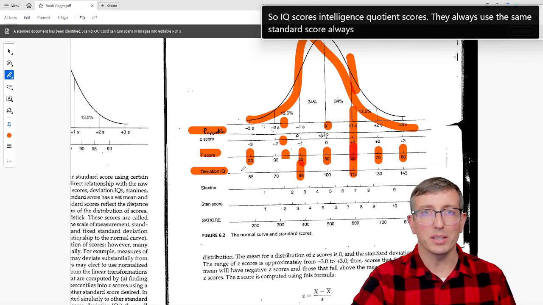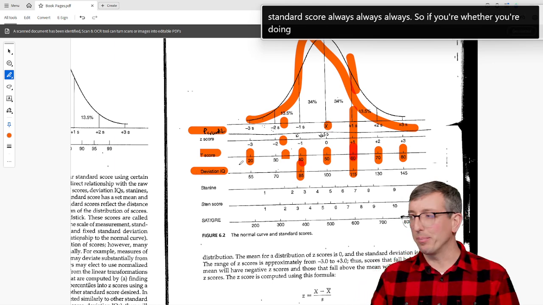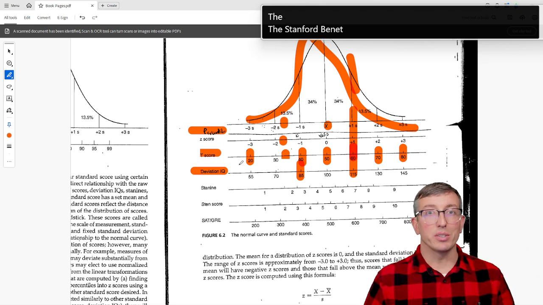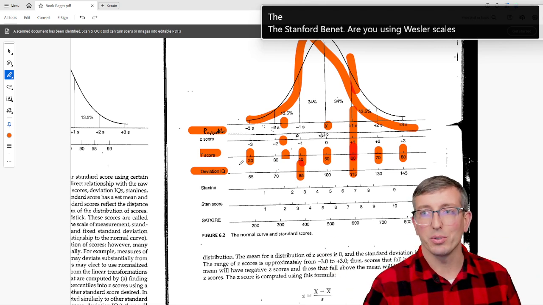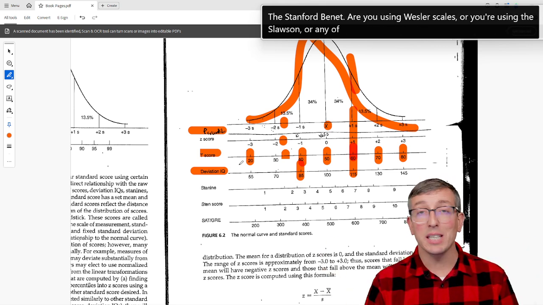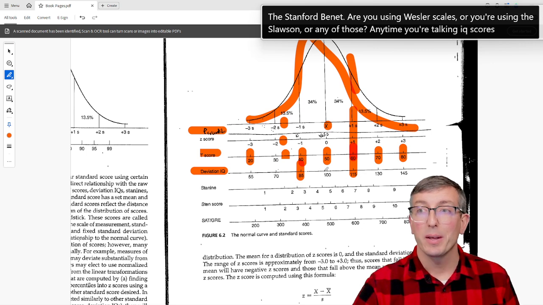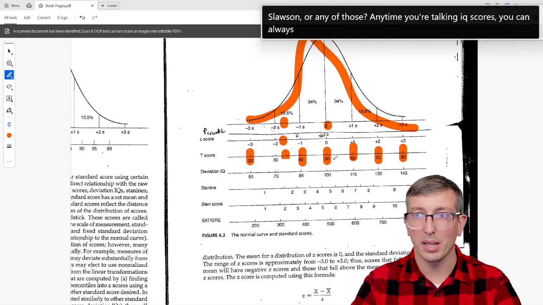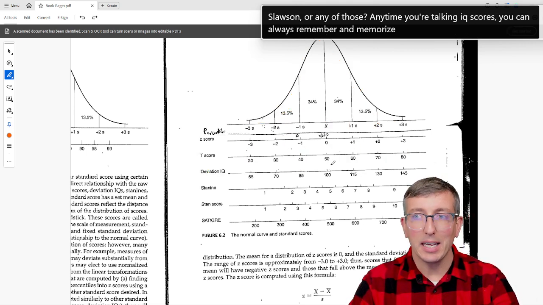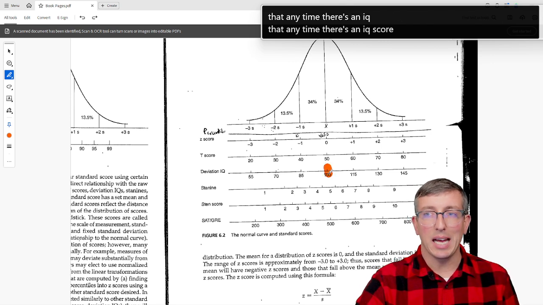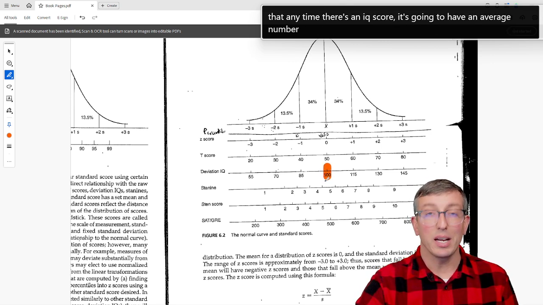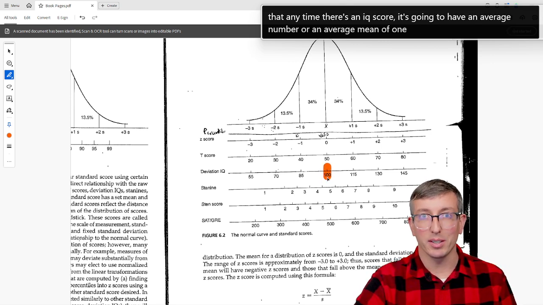Always, always, always. So whether you're doing the Stanford-Binet, or you're using Wechsler scales, or you're using the Slosson, or any of those, anytime you're talking IQ scores, you can always remember and memorize that anytime there's an IQ score, it's going to have an average, or a mean, of 100.